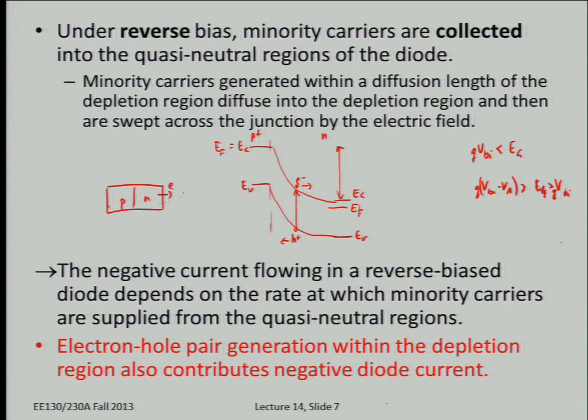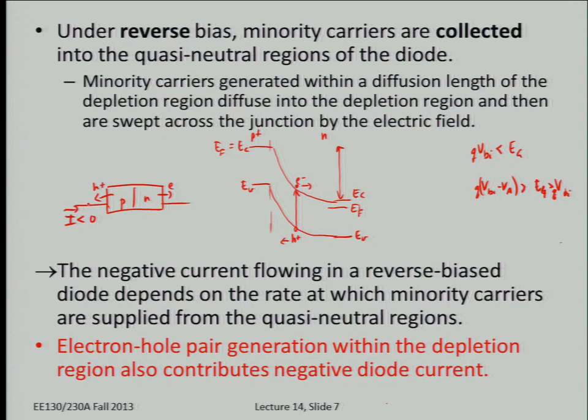So the current flowing through the diode is going to be less than 0. The more light you shine on this p-n junction, the more negative current is going to conduct across the junction.